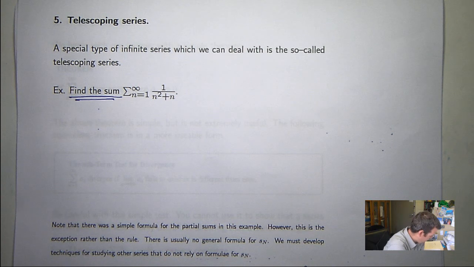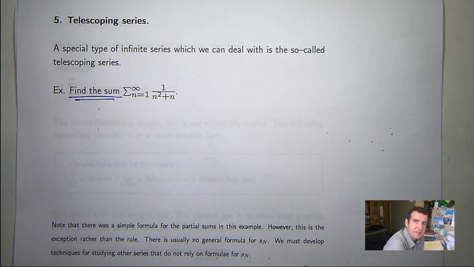So what you can do with this problem is go to work on that 1 on n squared plus n. We can rearrange that a bit, simplify it, or put it in a more usable form. And then we can work out a formula for the nth partial sum.